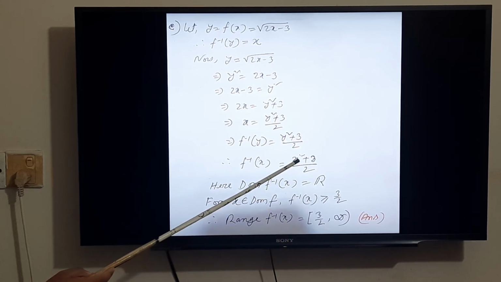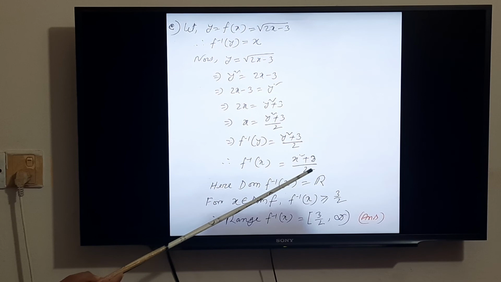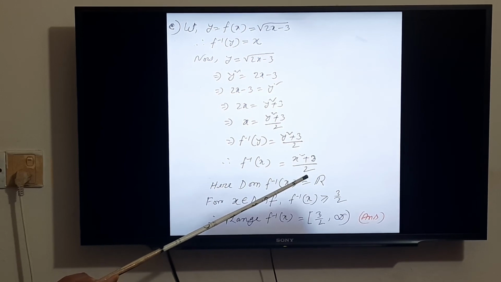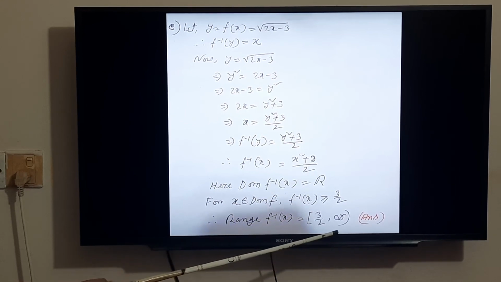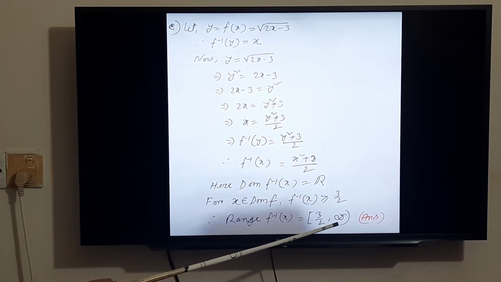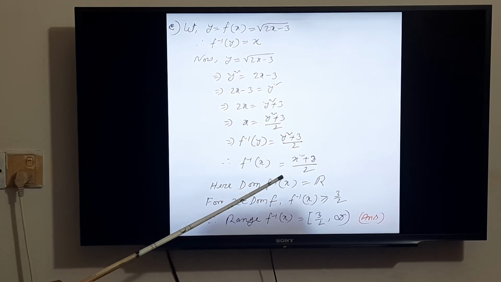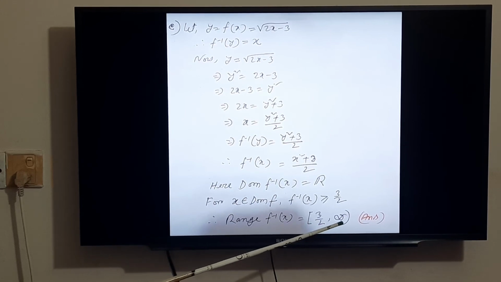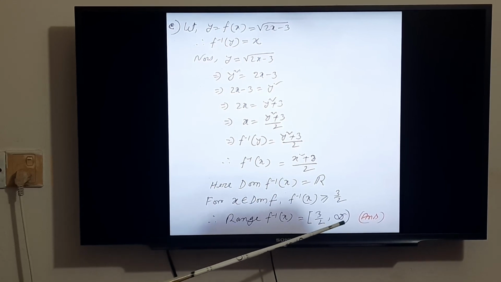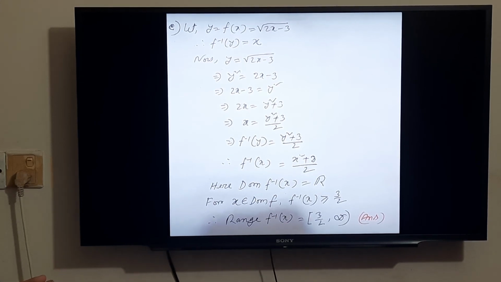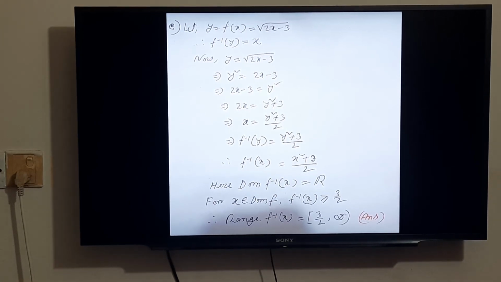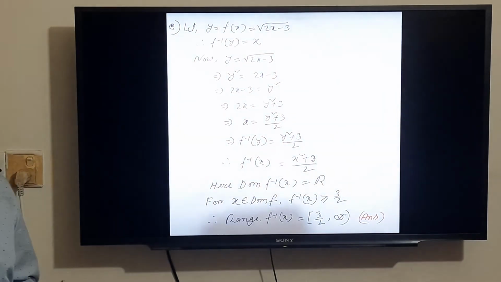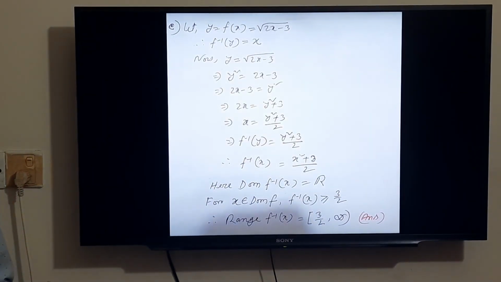But if it is 0, then the minimum number is 3/2. This is the minimum number, and the maximum number can be any number. That's why this is infinity. So the value of f inverse x has minimum 3/2, and maximum can be any number. That's why 3/2 to infinity. This is our range. This is our complete discussion of the creative question of 1.2. Okay, this is our today's class.